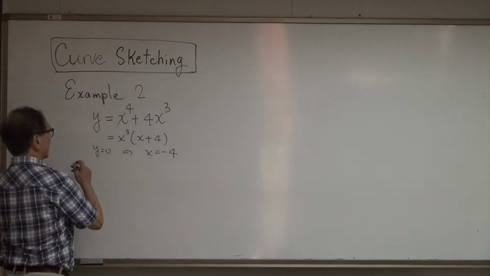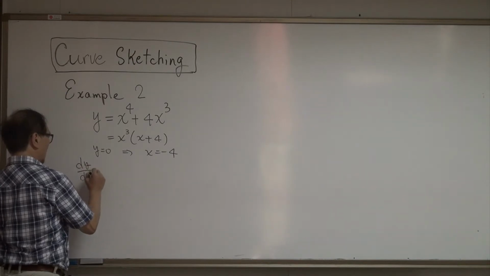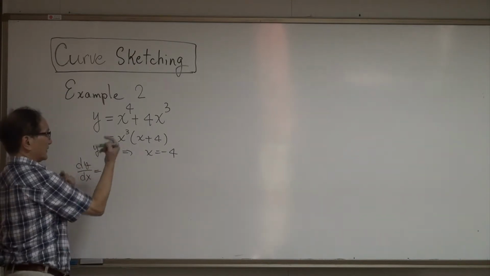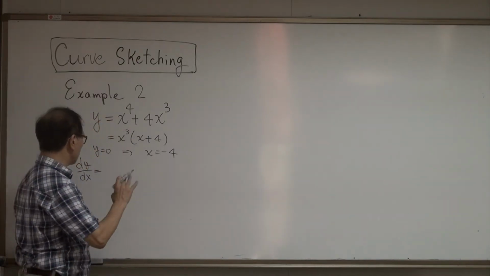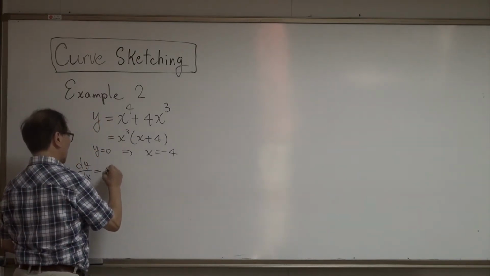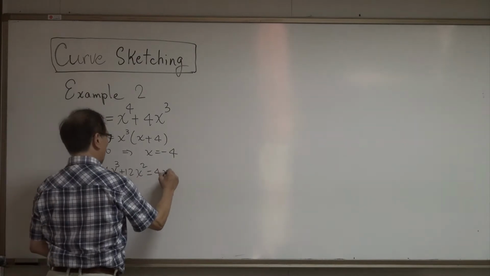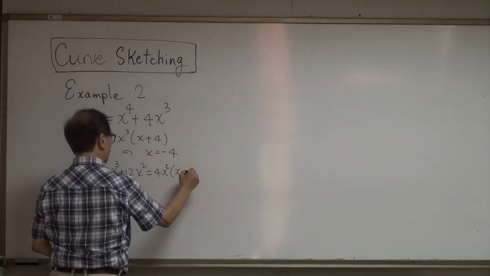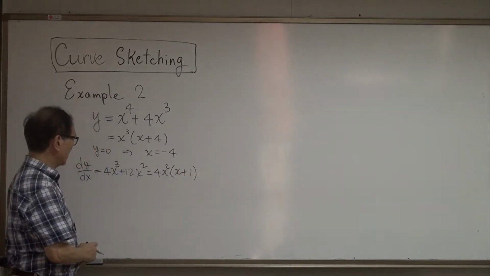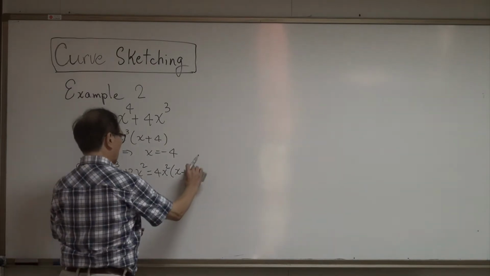Then we find the derivative. The reason for doing derivatives is that we try to find the maximum, minimum, increasing, decreasing, these things. The derivative is 4x cubed plus 12x squared, so this is 4x squared times x plus 3, right?